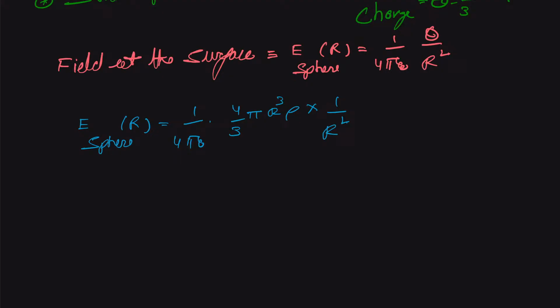The 4 pi cancels, and the r cube goes by the r square, so we are left with only rho r upon 3 epsilon naught. Okay, so this is the electric field at the surface.